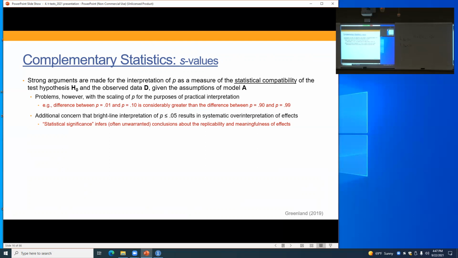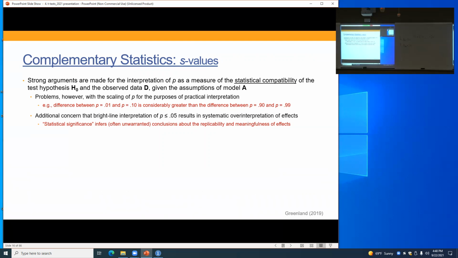If you know about intelligence testing, like IQ tests, the difference between a score of 100 and 105, that 5-point difference, means something a lot different than going from 135 to 140. That jump from 135 to 140 is a huge increase, whereas the 100 to 105 is fairly trivial, right? Same type of thing for P, okay?